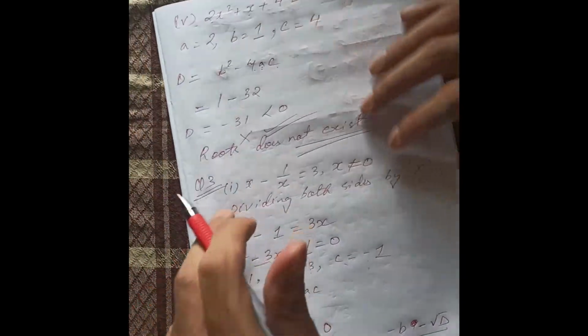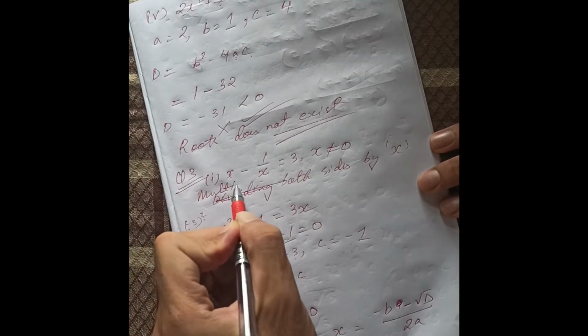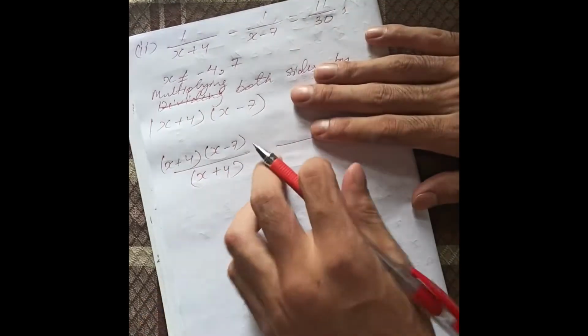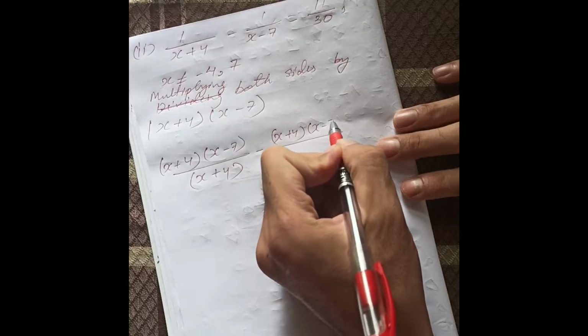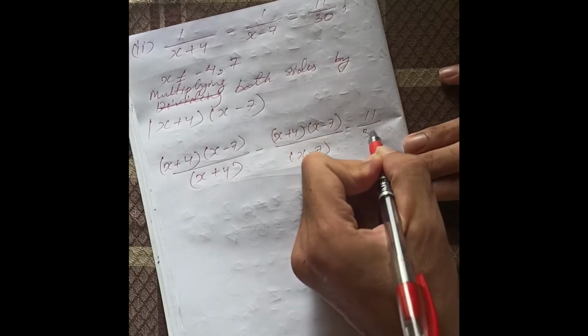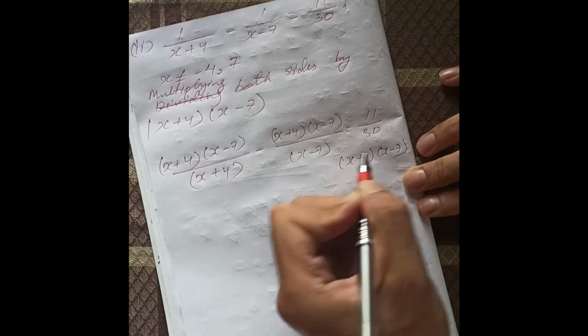So in the previous question also it should be multiplying. It is not dividing. Sorry for the confusion. So here also x plus 4 x minus 7 on both sides, 11 by 30 into x plus 4 x minus 7.